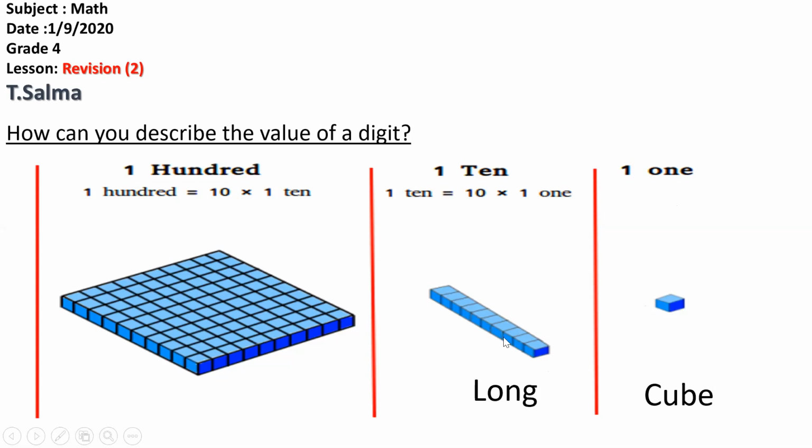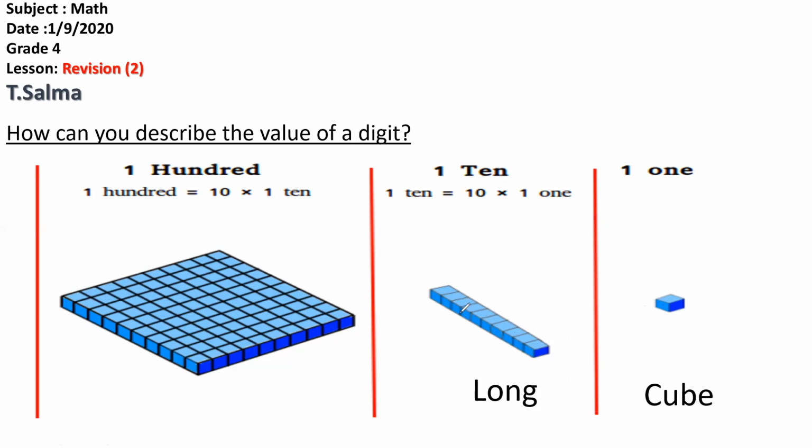Now, look at the long here. One long consists of 10 small cubes, right? To make one long, I need 10 small cubes. So this is 1, 2, 3, 4, 5, 6, 7, 8, 9, 10.